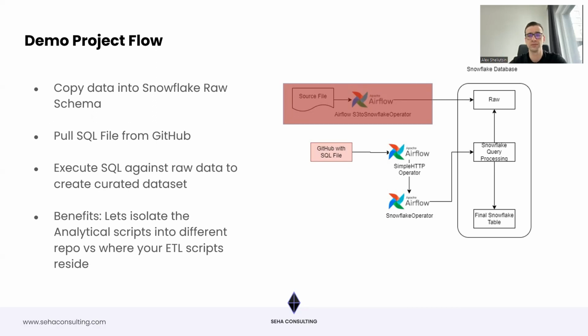We're going to assume you've got your GitHub file over here, and we're going to have a SQL file with a simple create table as statement. You have a create table, your table name, as, and then a select statement.